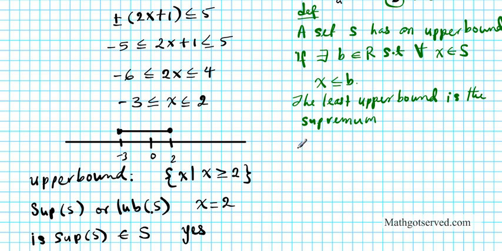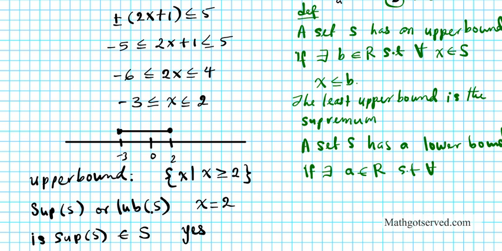A set S has a lower bound if there exists an A in R, because S is a subset of R, such that for all the x's in S, you guarantee that they are all bigger than or equal to A. So this is your lower bound right here.